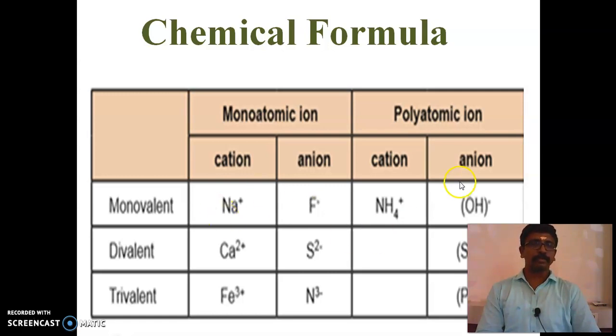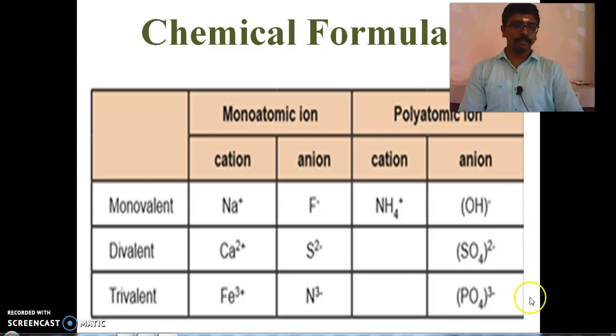And next for polyatomic ions, the monovalent anion. The example is hydroxide, that is OH minus. And the divalent polyatomic anion is sulfate, SO4 2 minus.